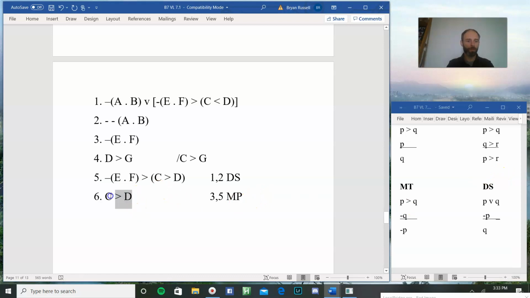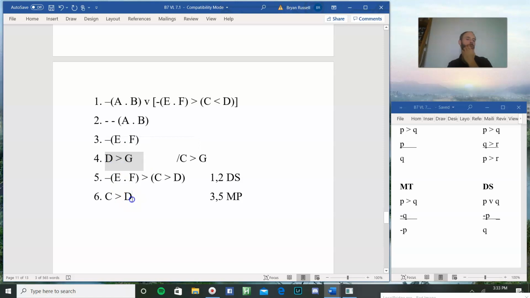And now that we have this, C horseshoe D, what can we do with C horseshoe D? What we're trying to get to is C horseshoe G. So what we need is a D horseshoe G, and we have it on line 4.